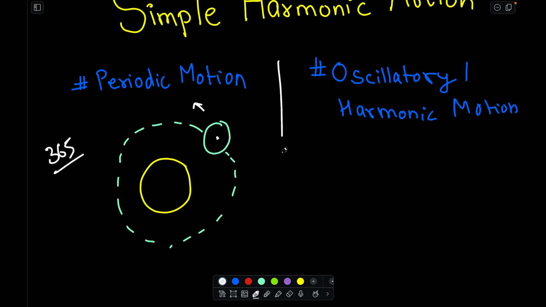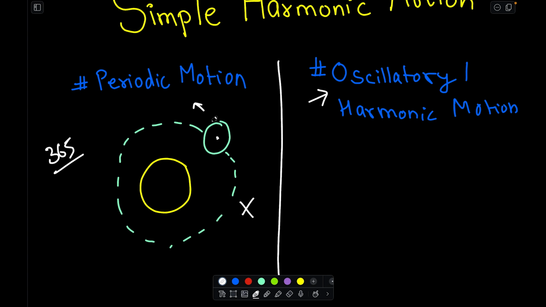Alright, likewise, there is a specific type of periodic motion that you will have to know before knowing simple harmonic motion, and that is oscillatory motion. Well, this planetary motion that I just showed you is not an oscillatory motion. Why is it not an oscillatory motion?